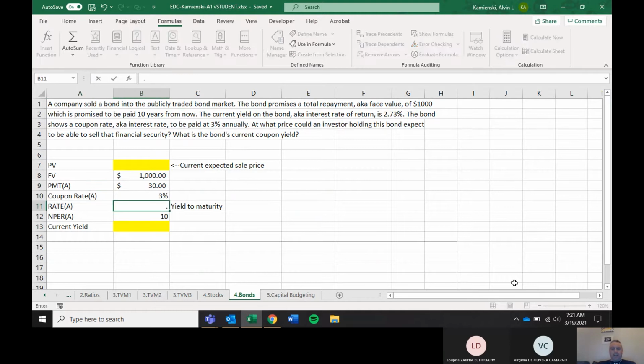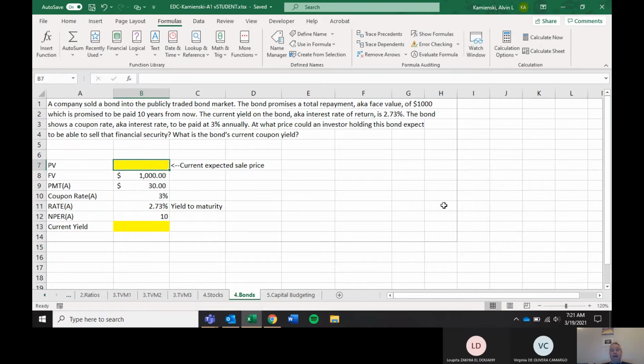Those things are coming to you, just like we did with the opportunity cost of capital and the capital asset pricing model. This investor expects a 2.73% rate of return when they're getting actually a 3% payment.